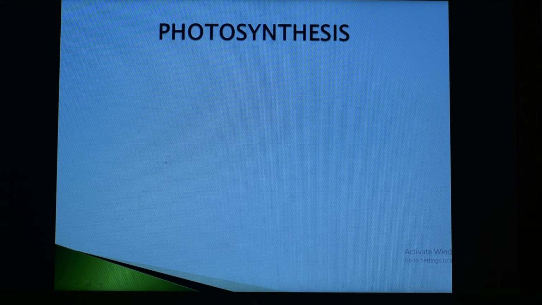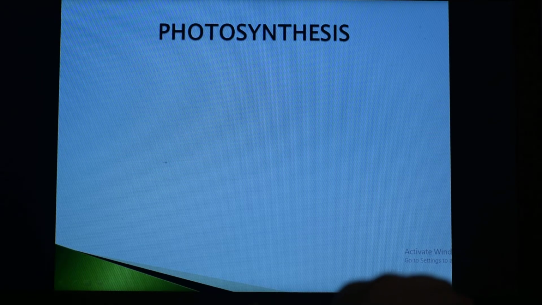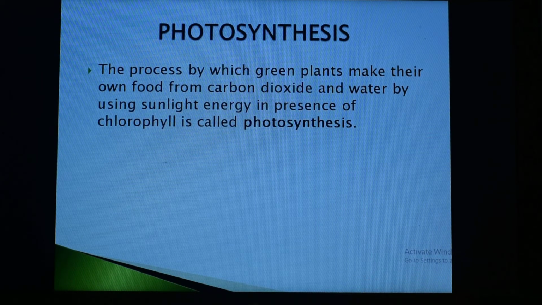The plants use the energy in sunlight to prepare food in the presence of green color matter called chlorophyll, which is present in the leaves of green plants. Thus, the process by which green plants make their own food from carbon dioxide and water by using sunlight energy in the presence of chlorophyll is called photosynthesis.